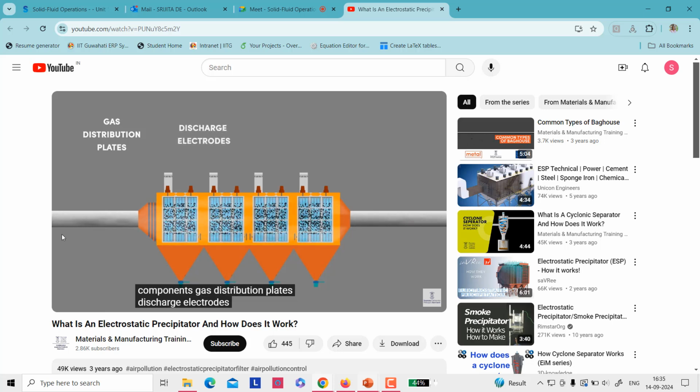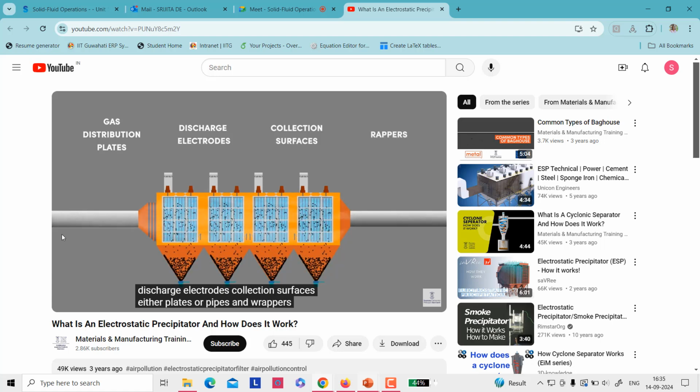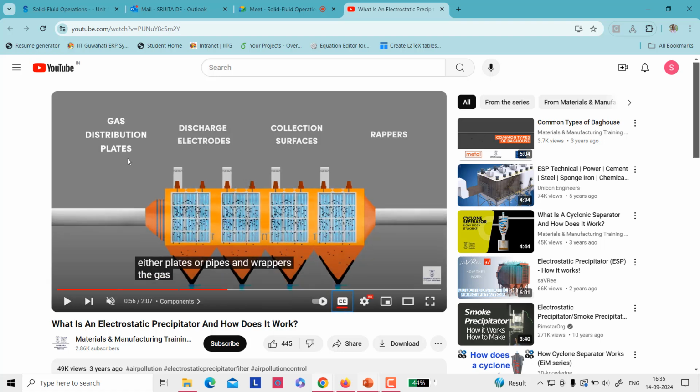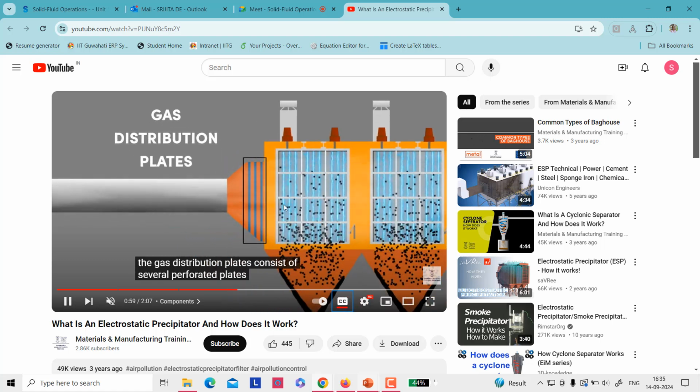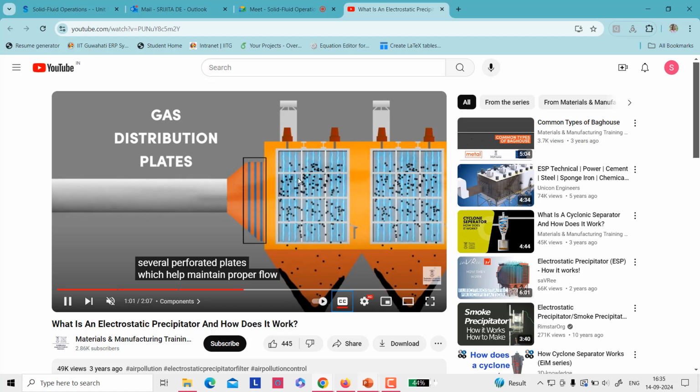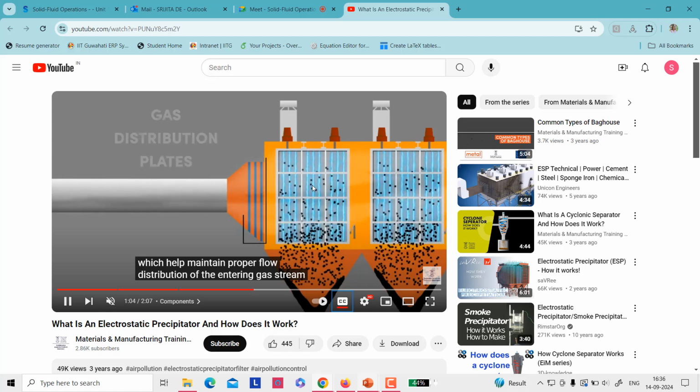Here they are showing four discharge plates or discharge electrodes. This is a gas distribution plate, discharge electrodes, collection surfaces, and rappers. You can see the gas is coming, these particles are getting attached to the plates and finally settling down, and clean gas is going out.